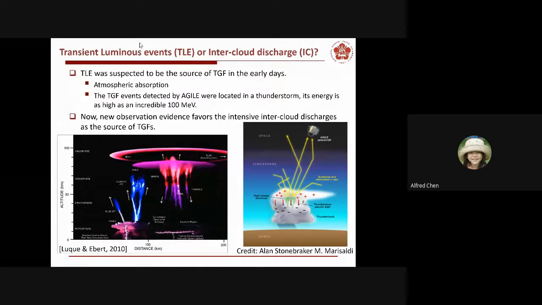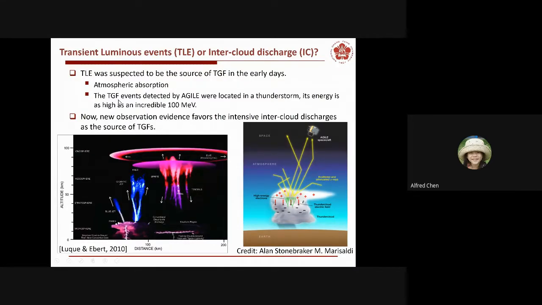The scientists believe that if this kind of gamma ray occurred in the lower atmosphere, the gamma ray would be absorbed by the atmosphere. So it is very hard to detect a very strong gamma ray emission in the higher orbit.